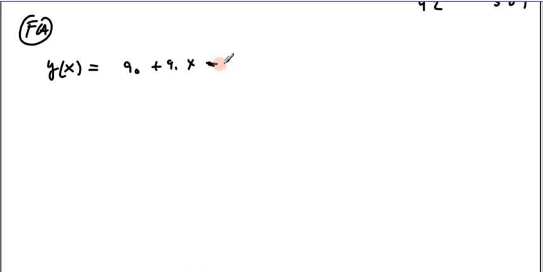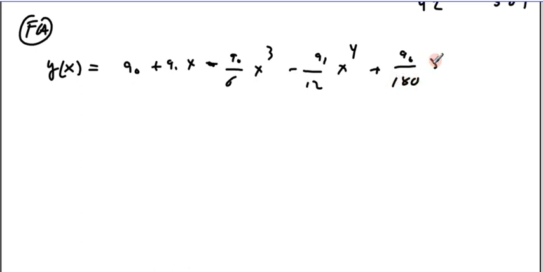Minus a0 over 6 x cubed minus a1 over 12 x to the 4th. The a5 is 0, plus a0 over 180 x to the 6th plus a1 over 504 x to the 7.